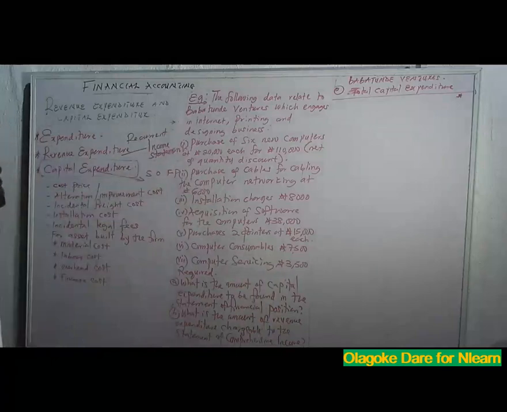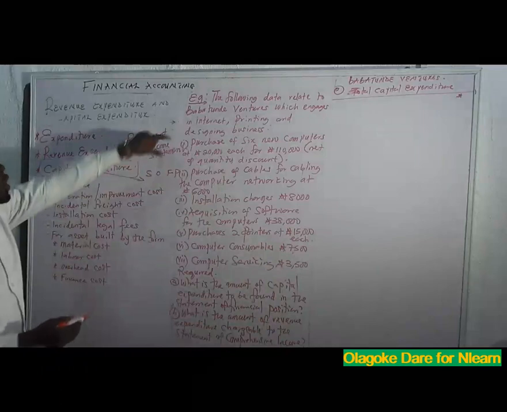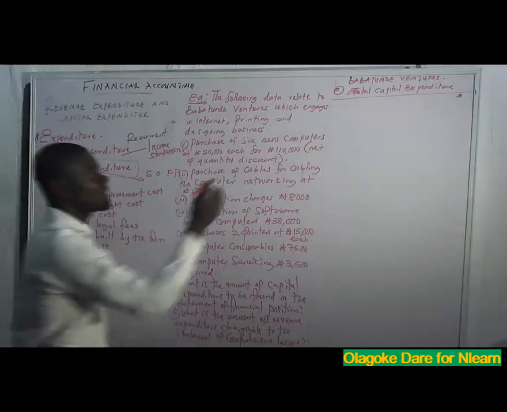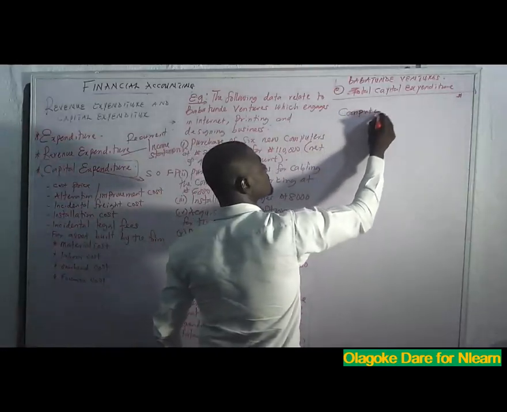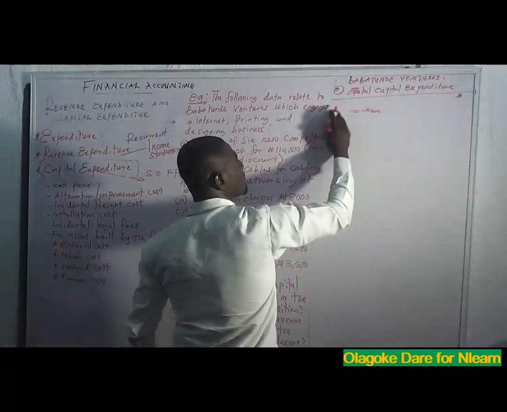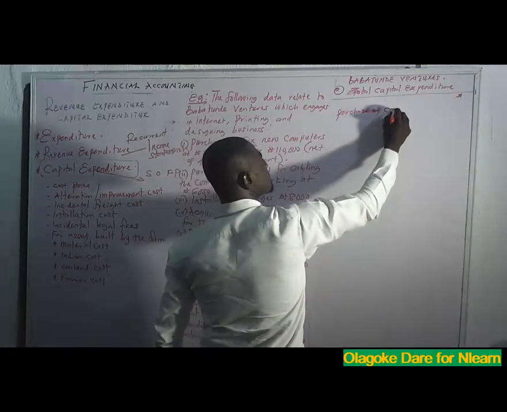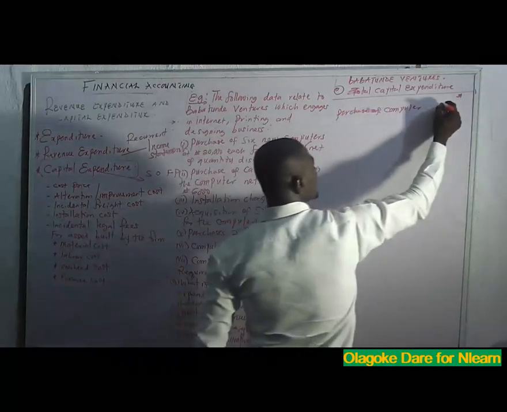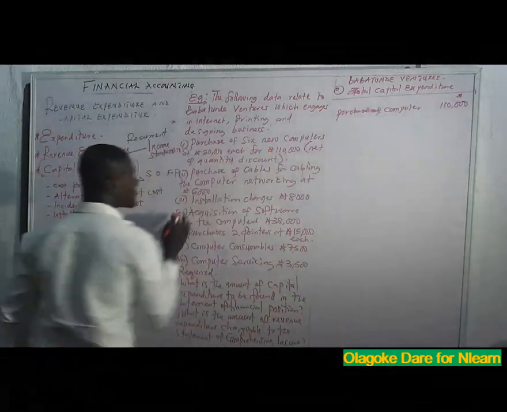Let's look at the first one. Purchase of 6 new computers. You can see that means the cost of the computer purchased. So purchase of computer, 110,000. They've deducted discount already.